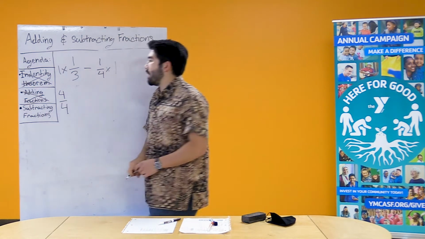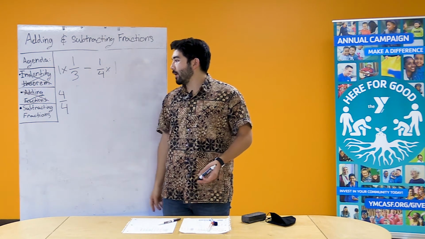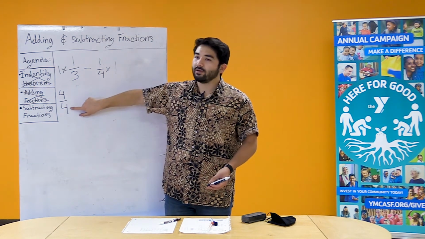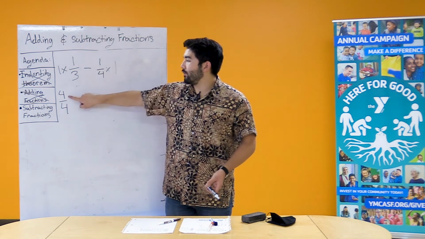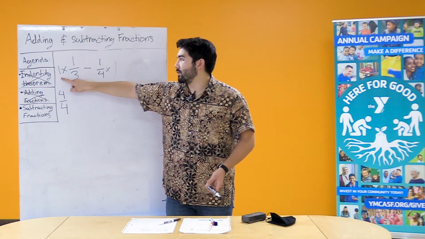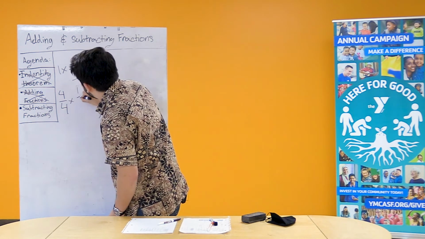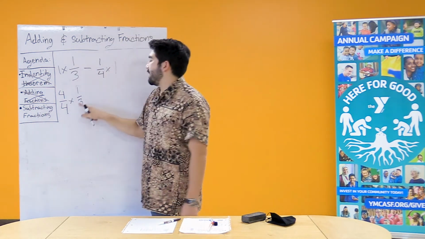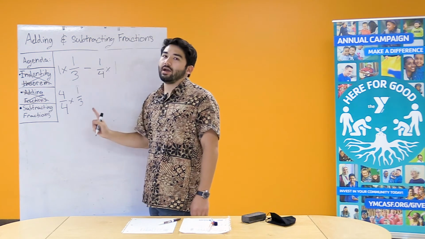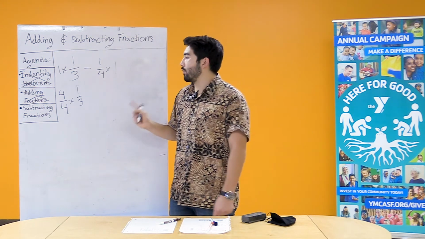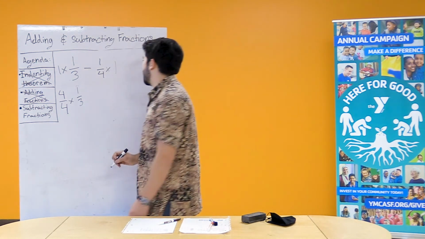If you remember our identity theorem from before, any number that is over itself is going to equal 1. So 4 over 4 is actually the same as multiplying by 1. So when we multiply 1/3 by 4 over 4, we're actually not changing how much our 1/3 is worth. We're just changing the way it looks.